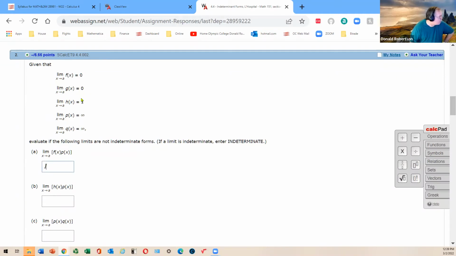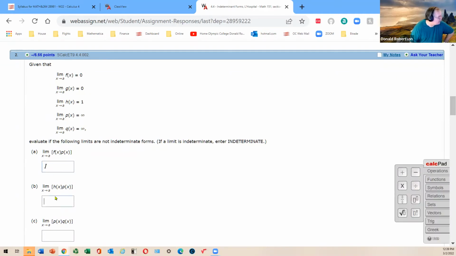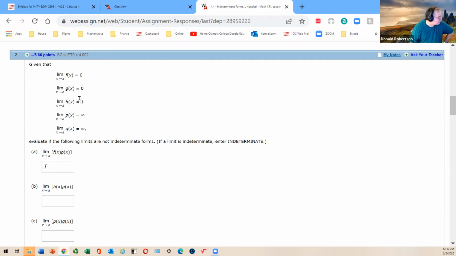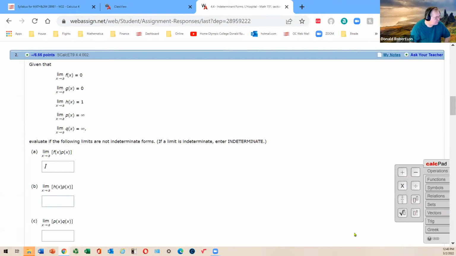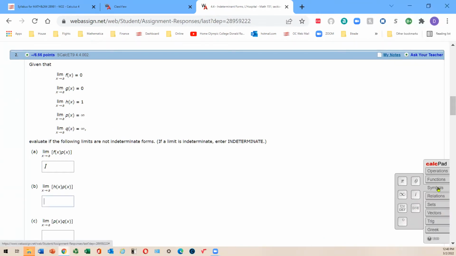What about 1 multiplied by infinity? H is 1 and P is infinity. What would 1 times infinity get you? That's not indeterminate. Infinity. And you type infinity.